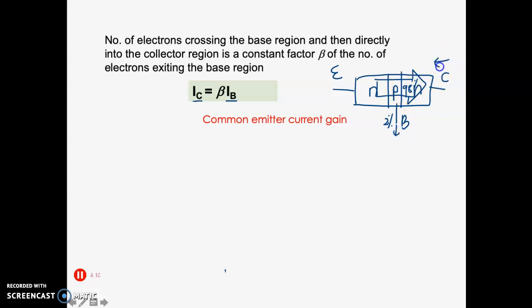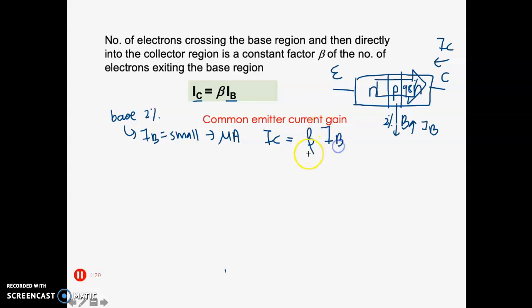So how are you going to find the relation between IC and IB? At your base, only 2% of the electrons will go down, so you are expecting your IB to become very, very small, towards the microampere. So your IC will equal beta IB.